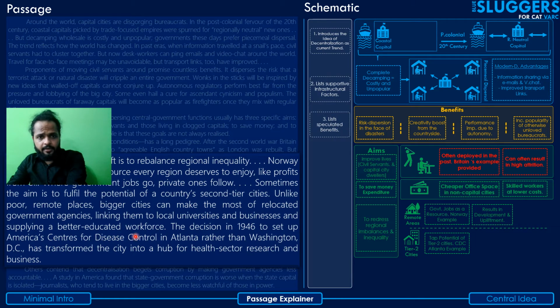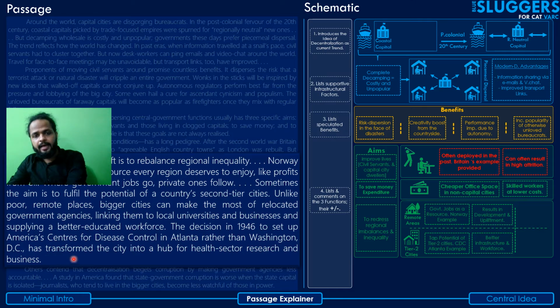Supplying a better educated workforce. And then he cites an example for the same. He says that the decision in 1946 to set up America's Centers for Disease Control in Atlanta rather than Washington, D.C., has transformed the city into a hub for health sector research and business. Right.